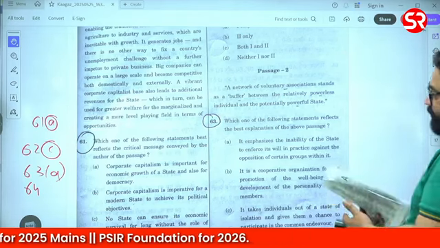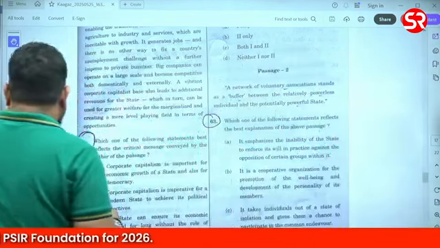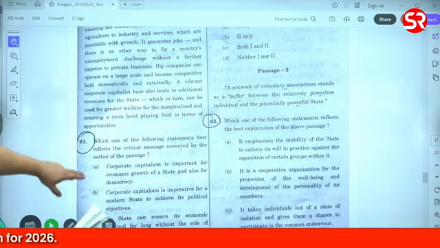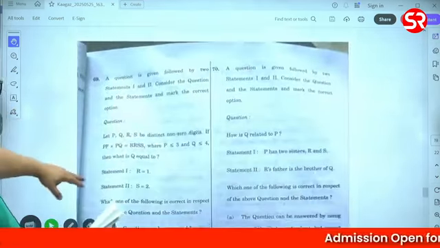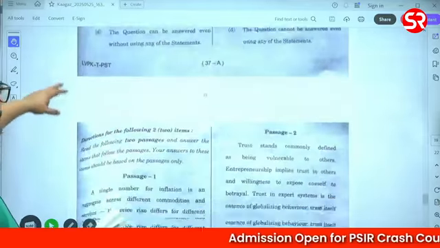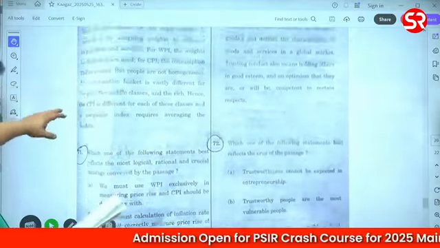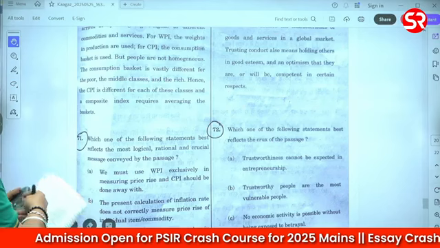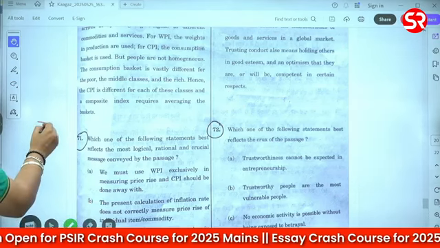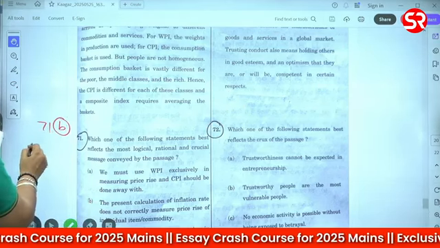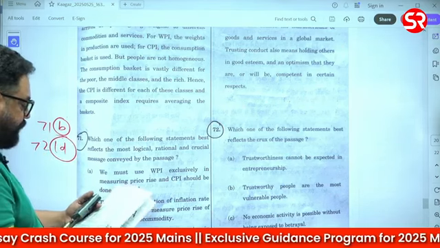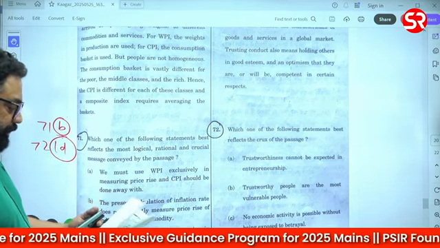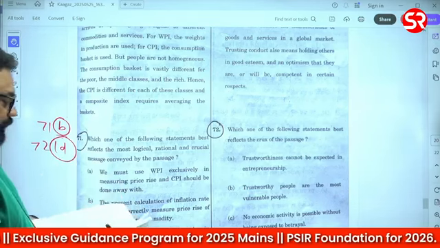Yes, 71 and 72 have to be done. 71 is B, and 72 is D, and that is how you finish off your RC, guys.